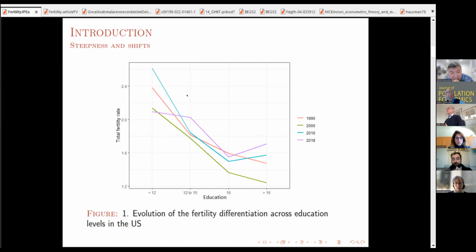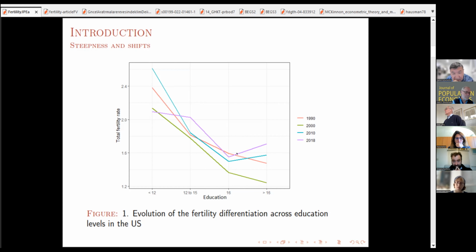If you look at this red line, it was higher, and it went down. If you look at this green line, it's shifting up. Another pattern we can notice is that for women with high education levels, over time the fertility rates are becoming higher than before, higher than for middle-educated people.